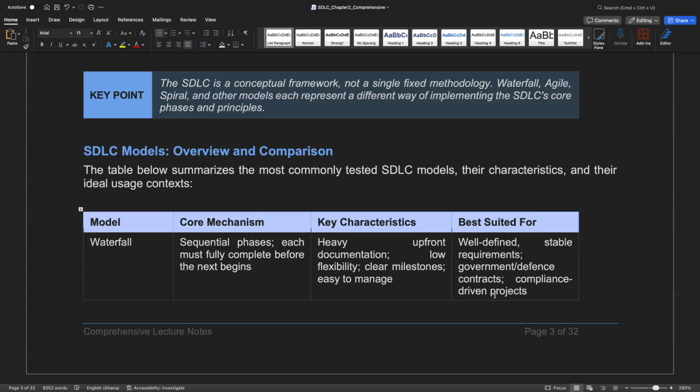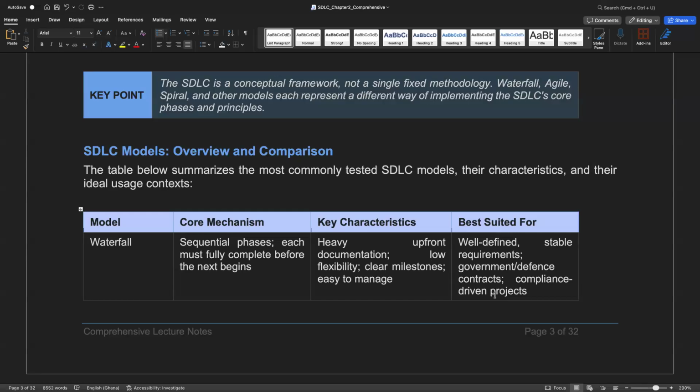Let me chip in there. So the waterfall model is broken into phases. So you have phase 1, phase 2, phase 3. And in order to move from phase 1 to phase 2, phase 1 should be entirely completed and closed before phase 2 comes.